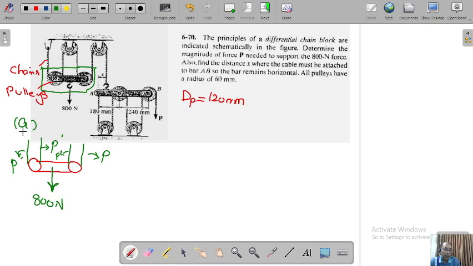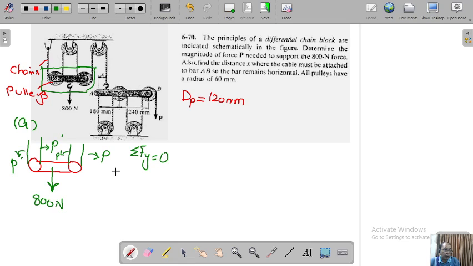So if we apply sigma Fy equal to 0, what are we going to get?